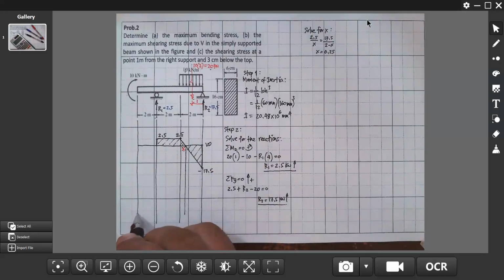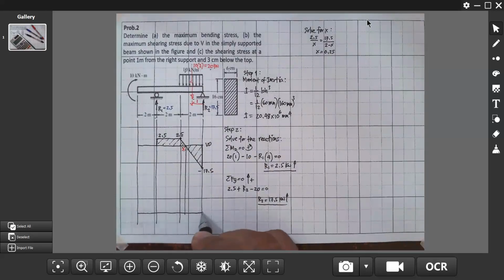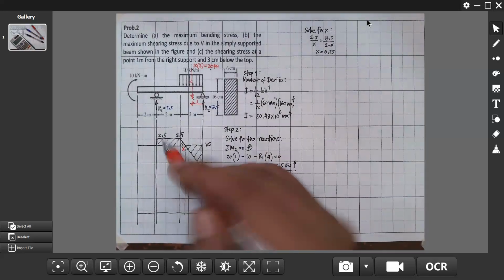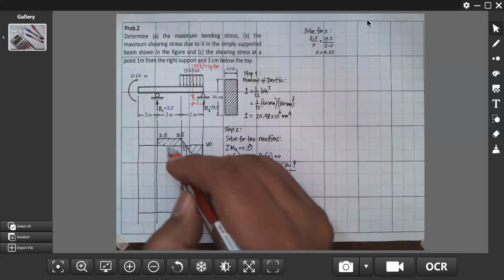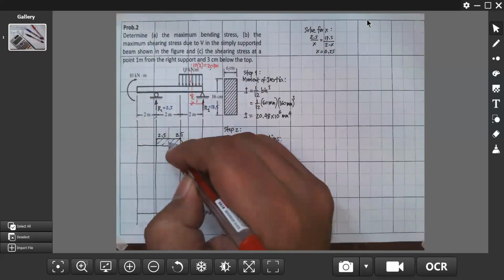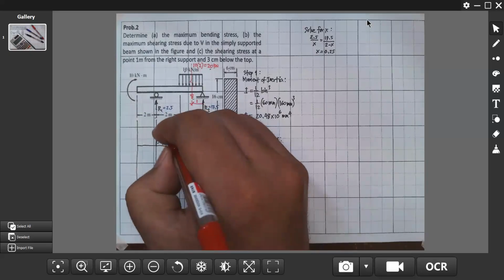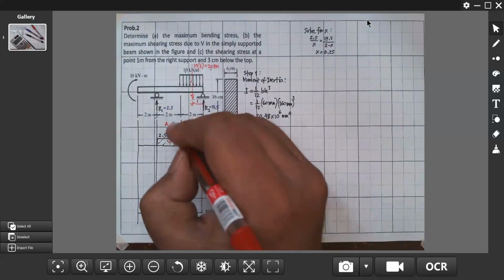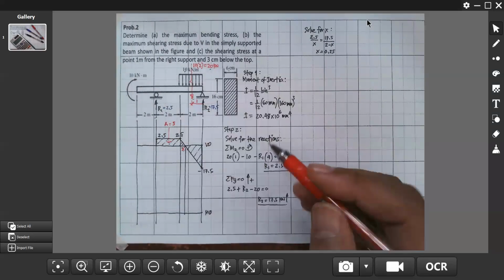Okay, so let's draw the moment diagram. This one has an area of 2.5 times 2, so it's very easy. That's 5.